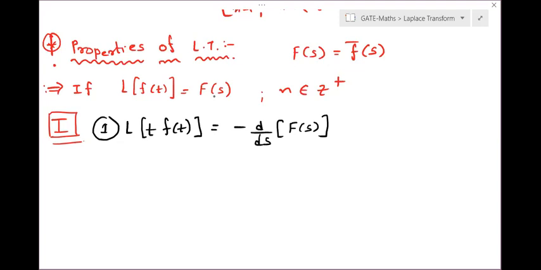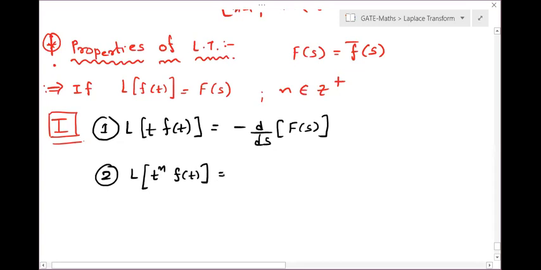Then Laplace of t to the power n f of t is equal to, if t was multiplied one time, we multiplied minus 1 in the output; if t is multiplied n times, we will multiply minus 1 in the output n times. For GTO students, they are asking for its derivation as well, so I will show you its derivation for the GTO class separately. But for GATE, we do not need to worry about its derivation. So it is minus 1 to the power n, d^n by ds^n of f of s.